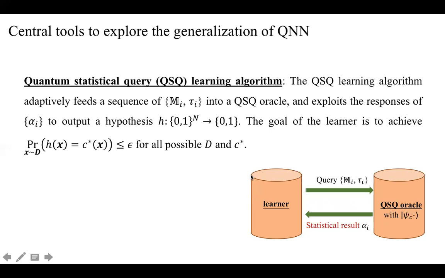As we can see, the learner continuously feeds queries M_i, tau_i to the QSQ oracle, and the QSQ oracle returns the statistical result alpha_i, and then the learner uses the collected alpha_i to infer the hypothesis H to approximate the target concept C star.